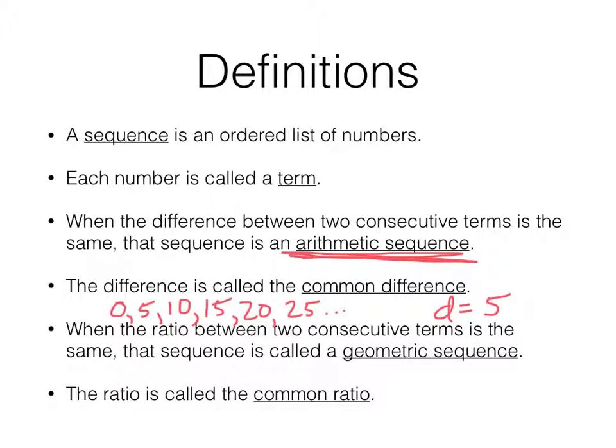When the ratio between two consecutive terms is the same, that sequence is called geometric. We could do something similar here. We can't start with a 0, though. We could start with a 1, and then times 5, times 5, times 5, times 5. I've run out of numbers that I know by heart in this sequence, and that's called a geometric sequence.